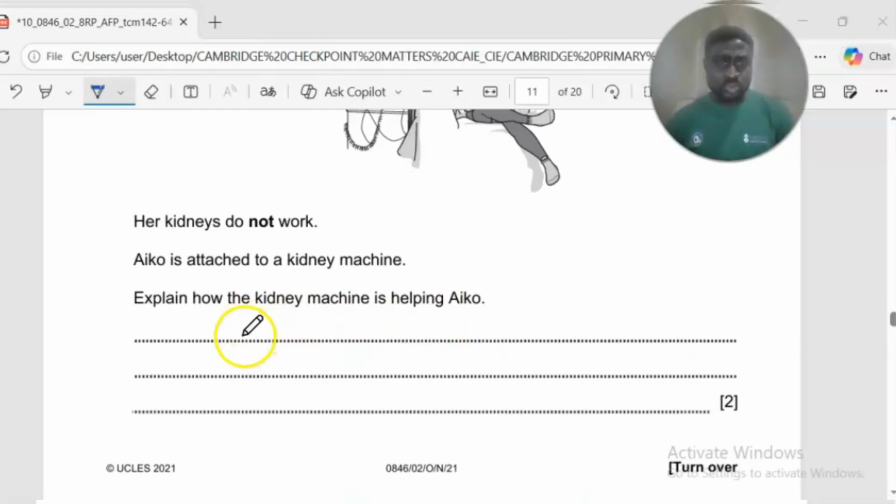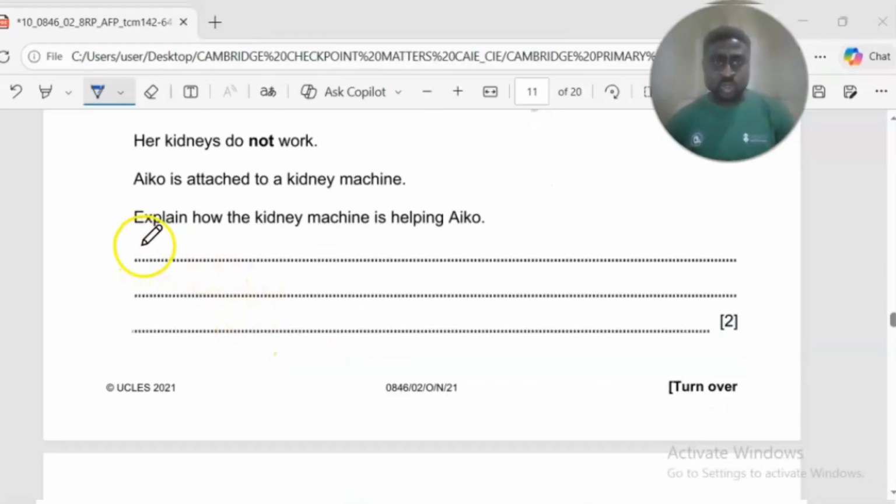So the possible response to this question could be that, 1, you could say to keep her alive, the machine keeps Aiko alive. The machine helps to remove waste from her body, or you could say the machine helps to filter her blood, or it helps to maintain the right amount of water in her body because it has to do with water regulation and the regulation of waste materials in the blood, which is in liquid form as well.